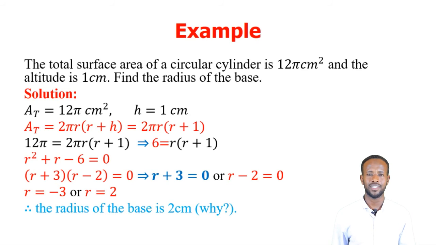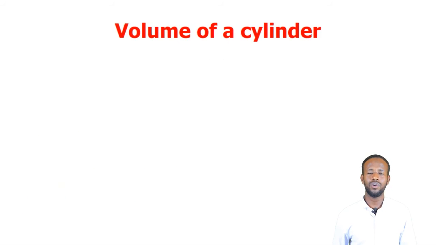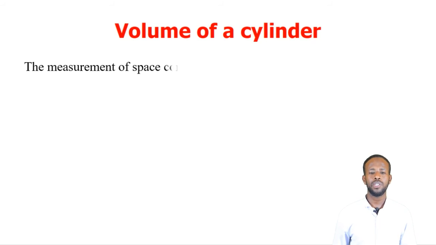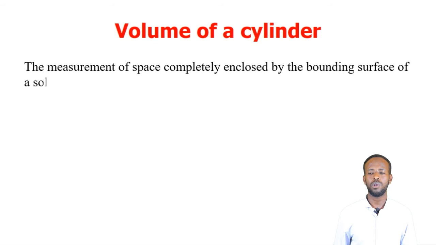How it was, students? Wasn't it very interesting? Very good. Now let us see the volume of a cylinder. What do you know about volume? What is volume? Do you remember what volume is? The measurement of space completely enclosed by the bounding surface of a solid is called volume.